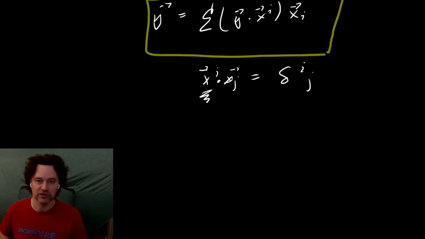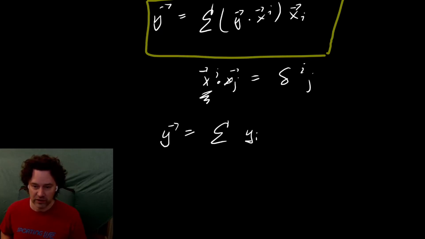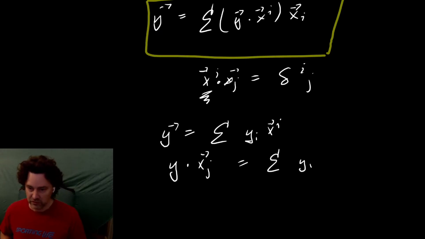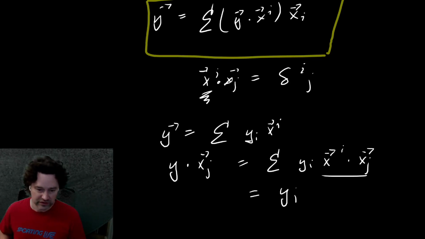We can also decompose the vector in terms of the reciprocal frame vectors. Let's say that y is some y_i times x^i. Well, then y dotted with x_j is y_i x^i dotted with x_j, and this is just delta_ij, so we get y_j out in the end.